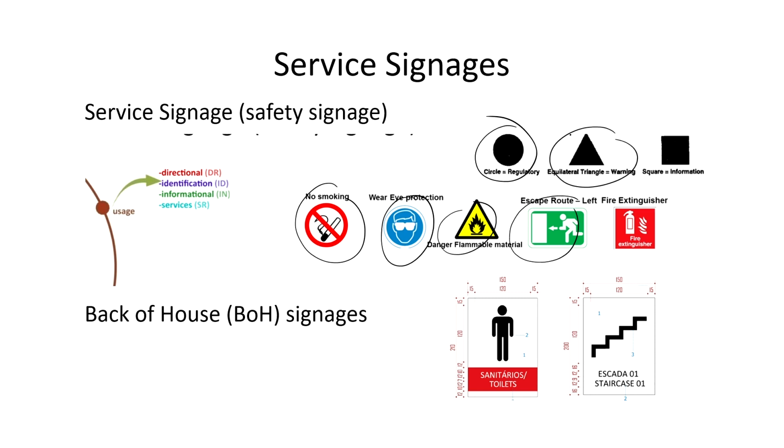So, most of the warning information, you can easily associate from this side. Whereas the square is used for showing the information, as here and here. So, the combination is being used in service signages. They are for the safety of the building occupants.